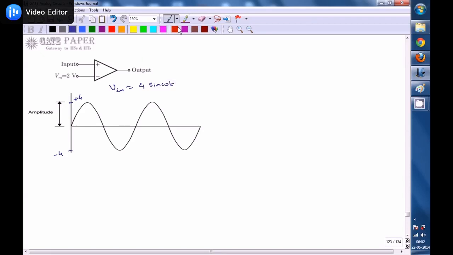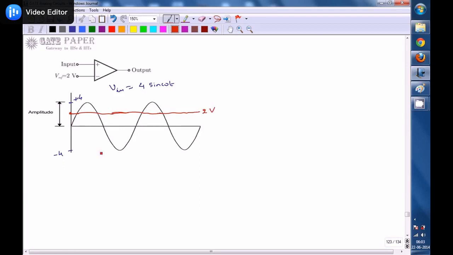So reference voltage is at 2 volts, so this is what 2 volts is, exactly in the half. You can draw a line over here. Assume that this line is going to be representing 2 volts.